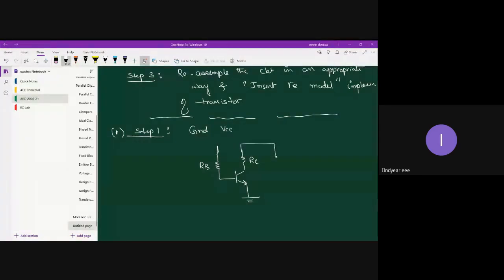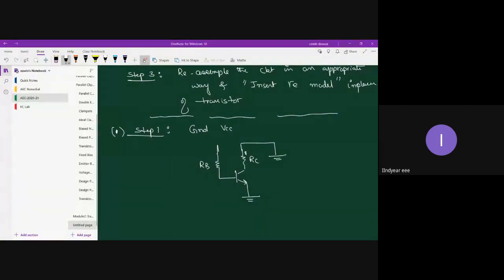Ground VCC as in connect the other end of RC to ground, because in the previous step this RC was connected to plus VCC, and this particular end of RB was also connected to plus VCC. Now we are grounding their terminals. Okay, grounded.